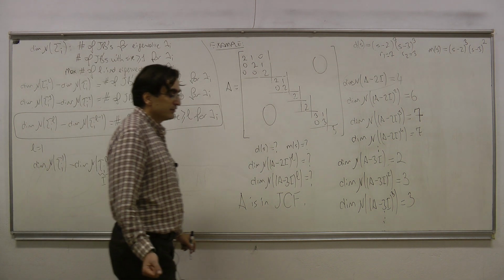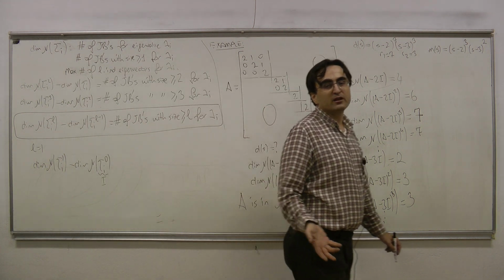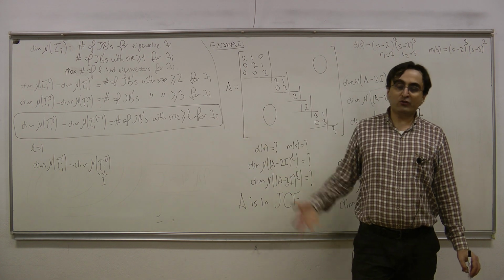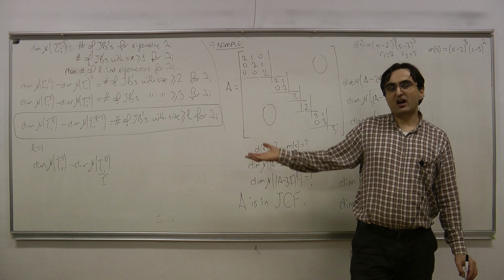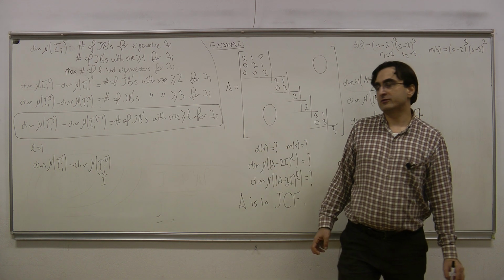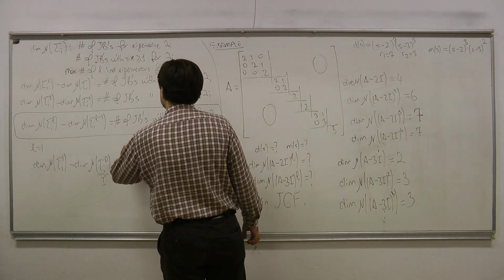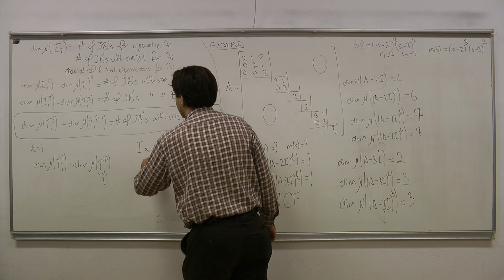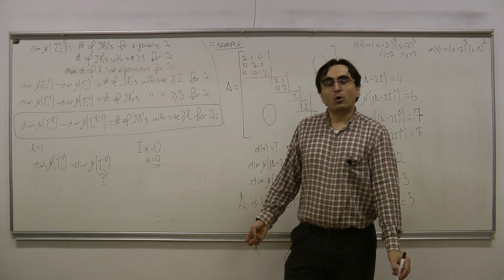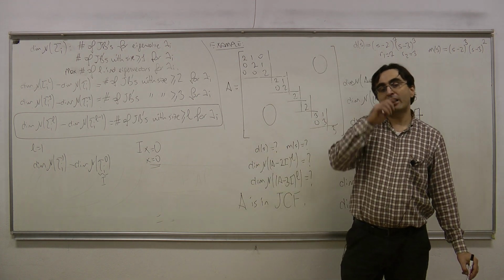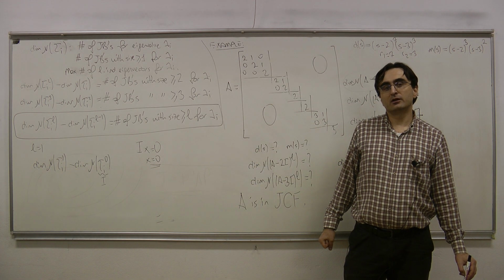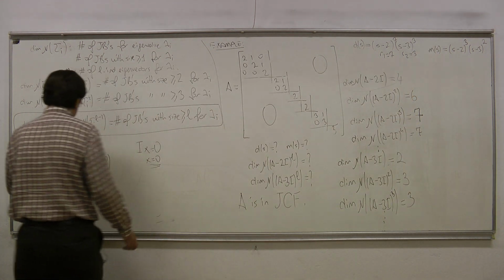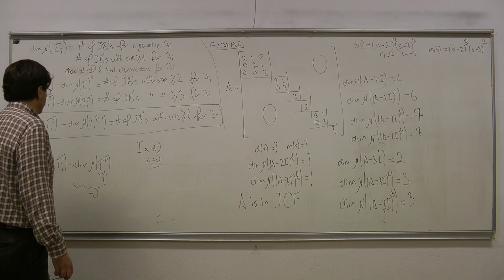What is the dimension of the null space of the identity matrix? Which vector is in the null space of the identity matrix? I want to solve Ix equals 0, but this makes x equal to 0. So only the zero vector is inside the null space of the identity matrix. That means this dimension is equal to 0.